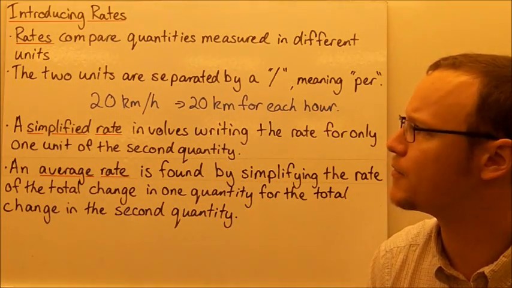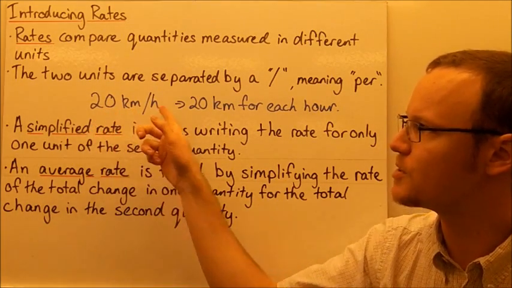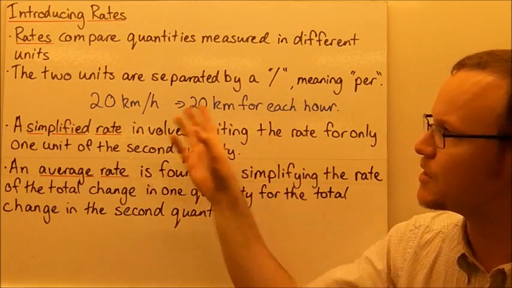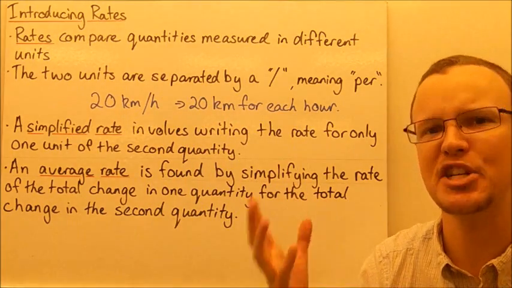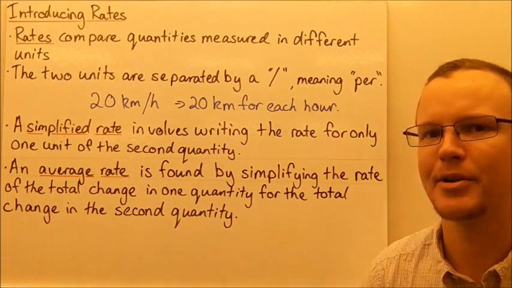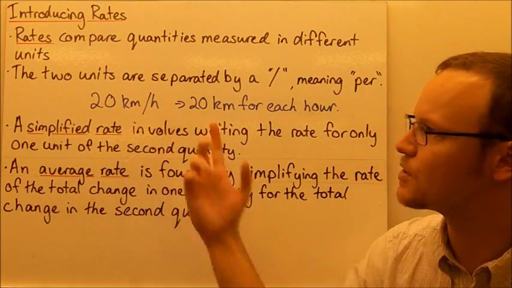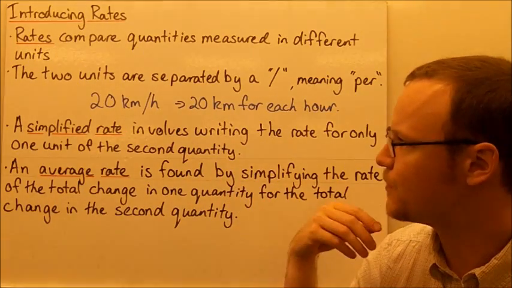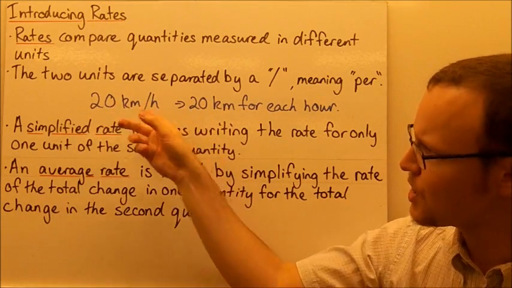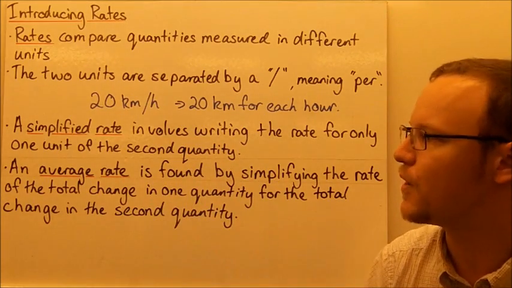The simplified rate is 20 kilometres per hour. And the reason that we use a simplified rate is because it's much easier to think about. If I'm going to be travelling for 20 hours, I'm going to be doing 20 lots of the 20 kilometres, so 400 kilometres. So I can very easily use it when it's in a simplified rate.